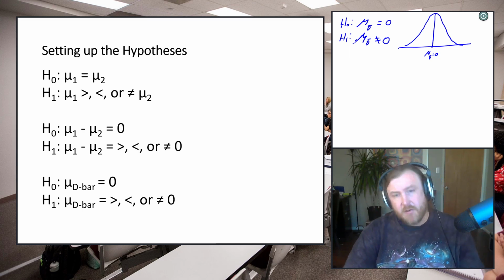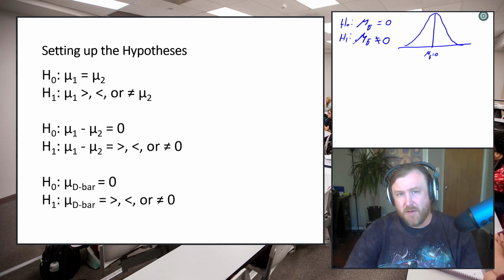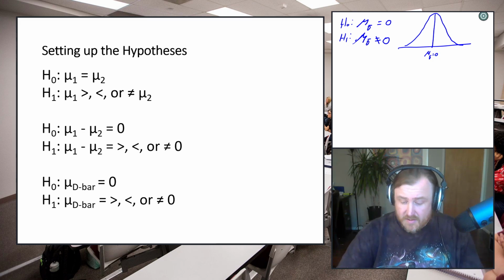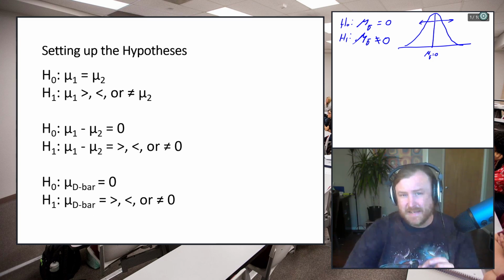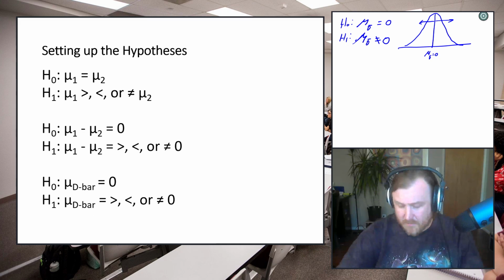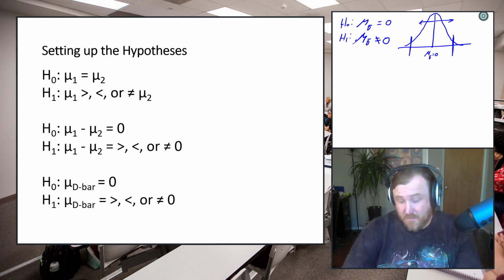So whenever you encounter this, by default, the alpha level will always be 0.05 unless it's otherwise stated. So since this is a non-directional test, we're looking both above and below, we need to split that alpha level between the 2 tails. So we draw our line in the sand, which is what the t-crit value represents.